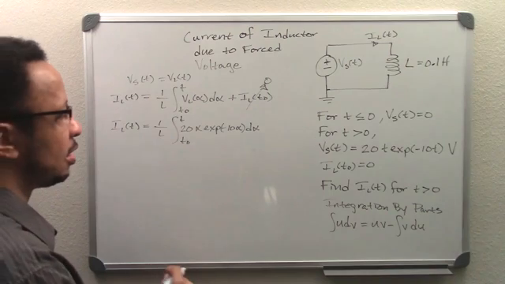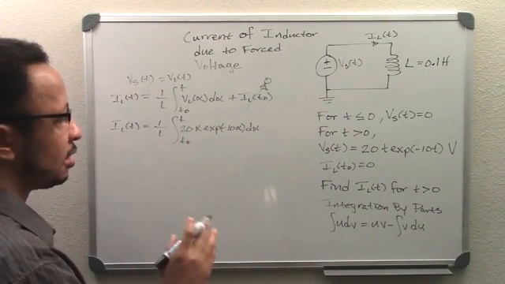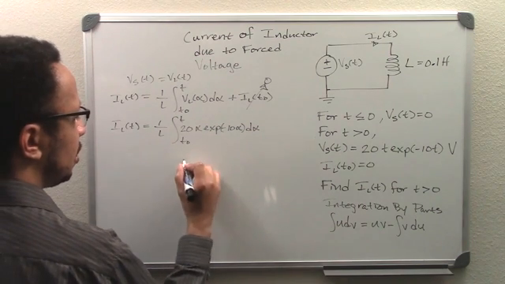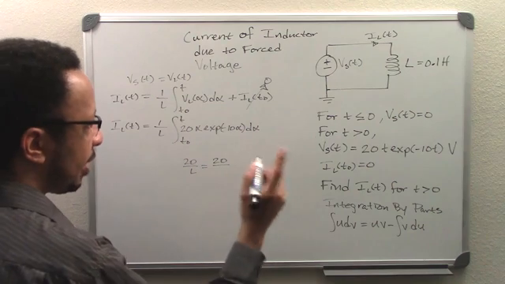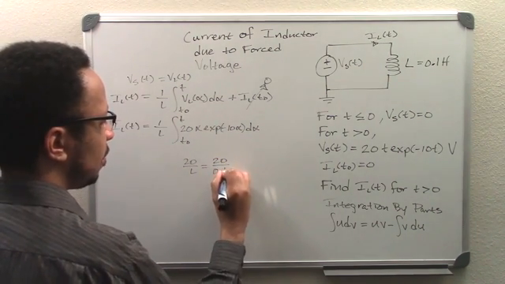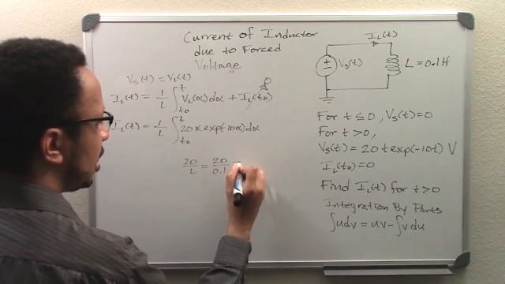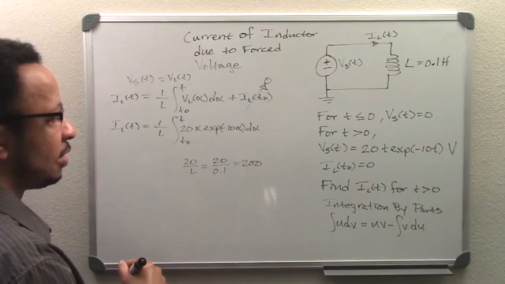This 20 is a constant, so it comes out in front as 20 over L. Our inductance L is 0.1, and 20 over 0.1 is equal to 200, so we replace that with 200.